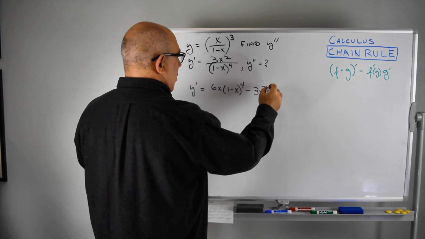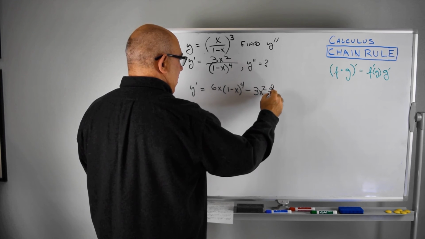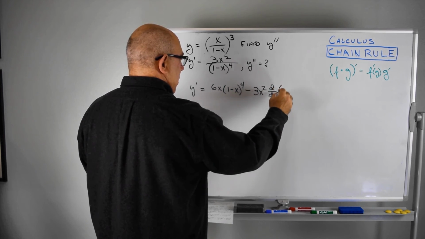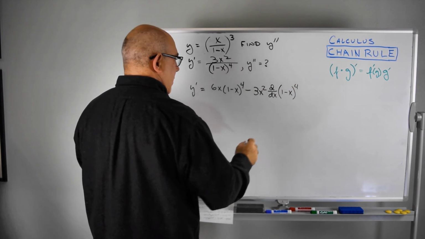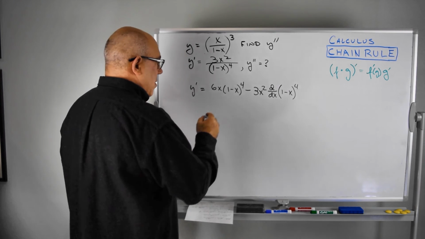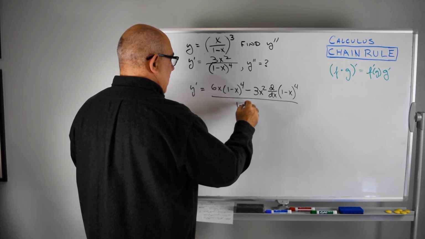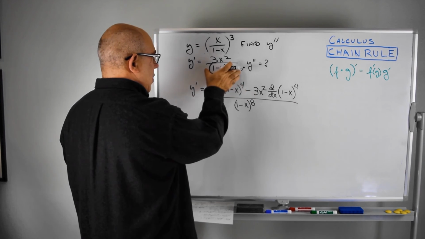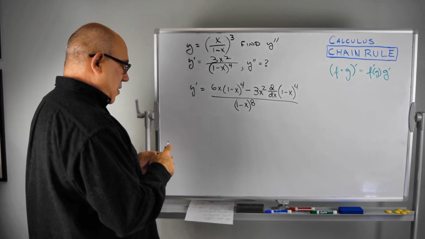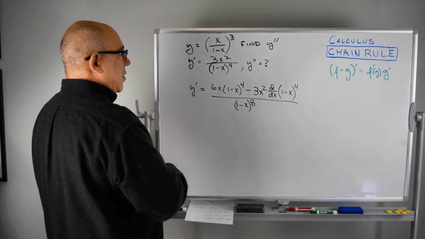So we're going to take the derivative of 1 minus x to the 4th. And then that's going to be all over 1 minus x to the 8th, because this is squared in the numerator here.